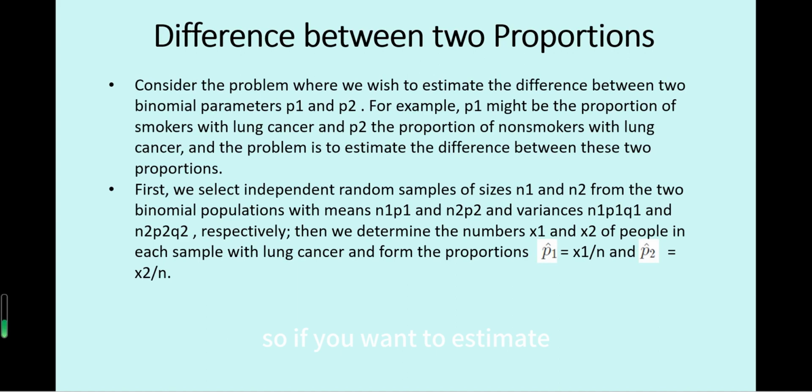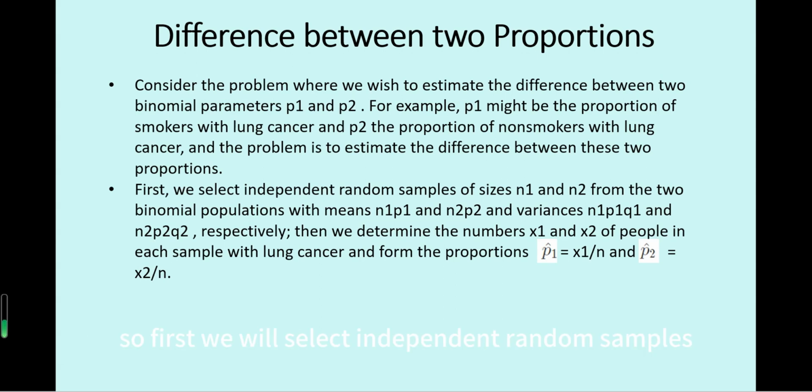So if you want to estimate the difference between two populations' proportions, for example, here P1 might be the proportion of smokers with lung cancer, and P2 is the proportion of non-smokers with lung cancer. And we are interested in estimating the difference between these two proportions in medical science.